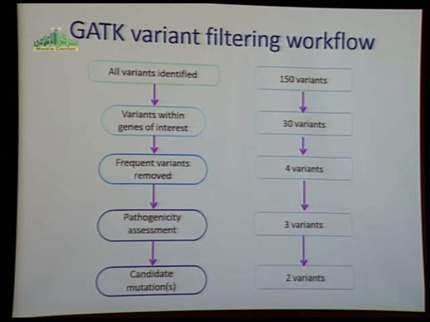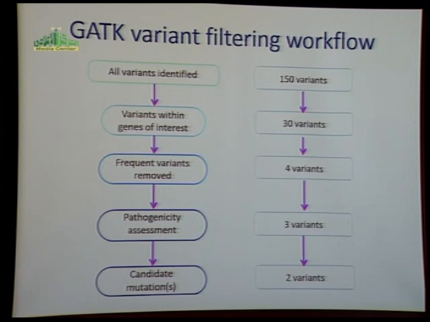This is a very simplified example of the workflow that we use. We follow the Genome Analysis Toolkit designed by the Broad Institute, with a slight modification from our in-house bioinformaticians. We start with all the variants that were identified on the panel, limit them then to the variants within our genes of interest, and generally with use of this panel we may only be looking at up to 3 out of the 13 genes.